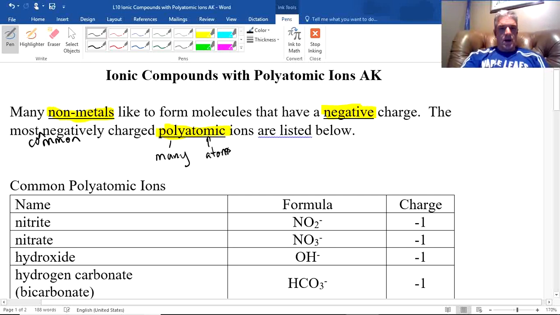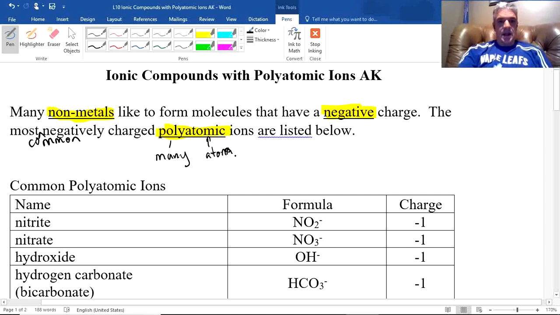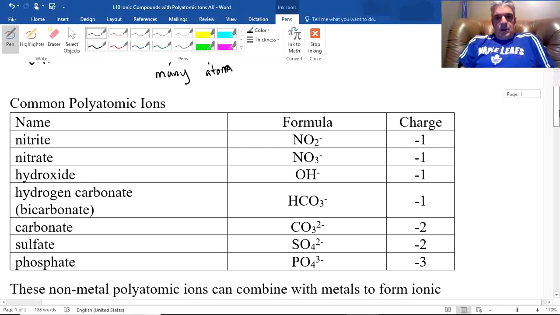They are a bunch of atoms together, and they form ions, which means they have a charge. Here are some of the listed ones that I'm going to put on the list, and you can look them up anytime.